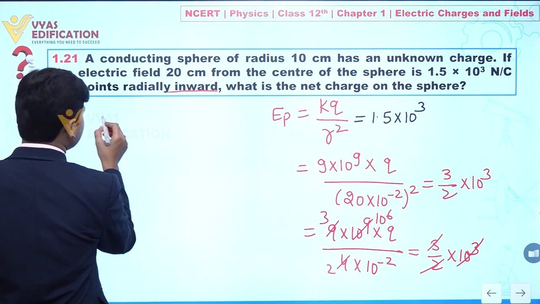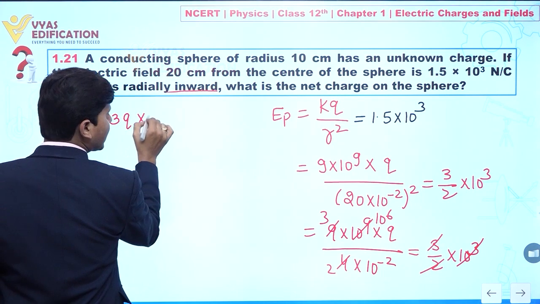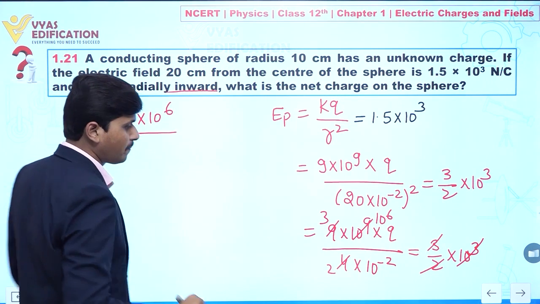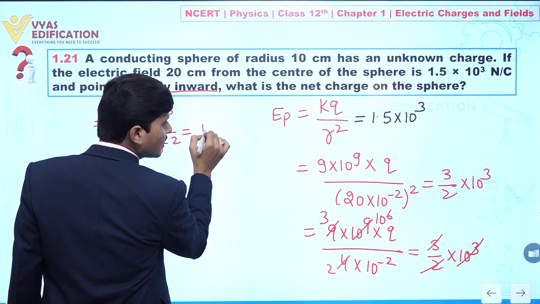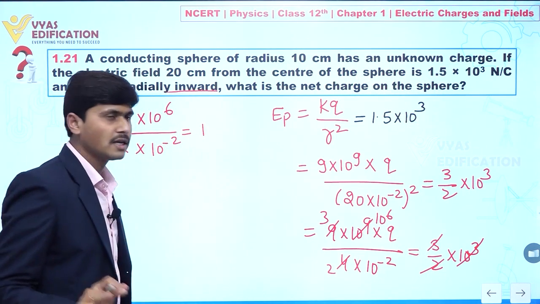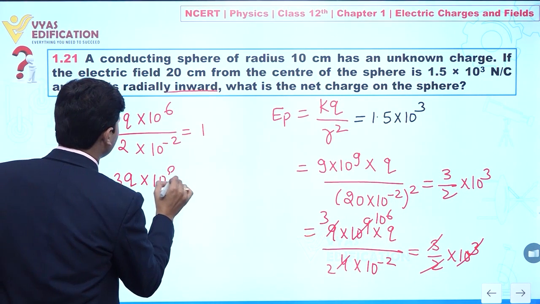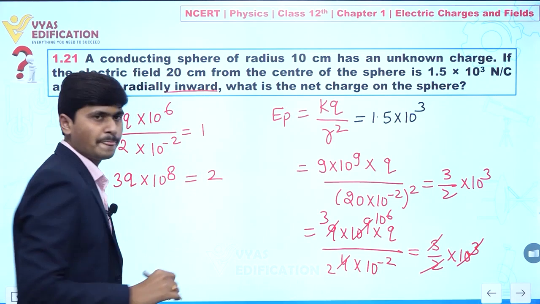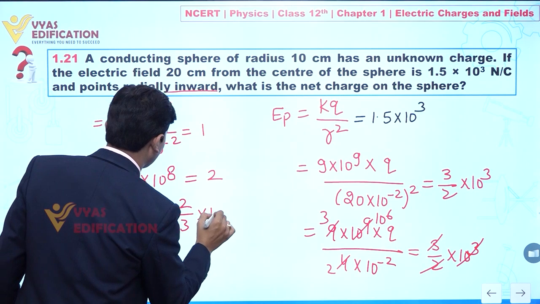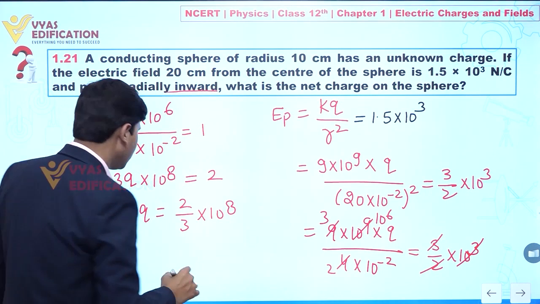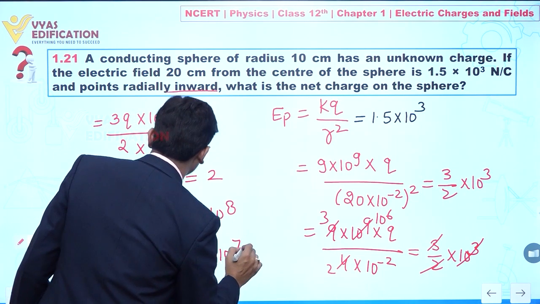So we can say 3Q into 10 to the power 6 divided by 2 into 10 to the power minus 2 should be equal to 1. So value of Q, 3Q into 10 to the power 8, this should be equal to 2. So we can write Q equals 2 by 3 into 10 to the power minus 8.